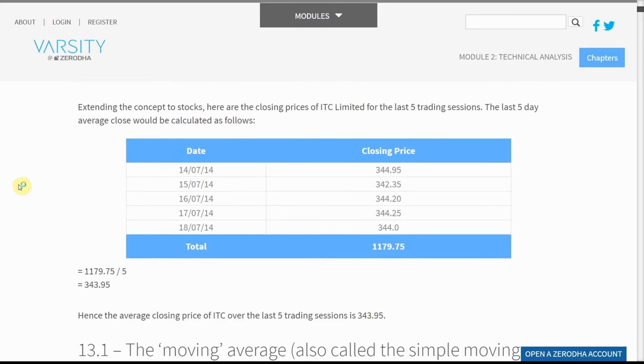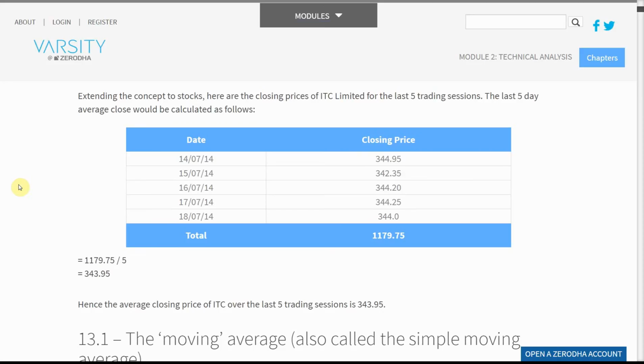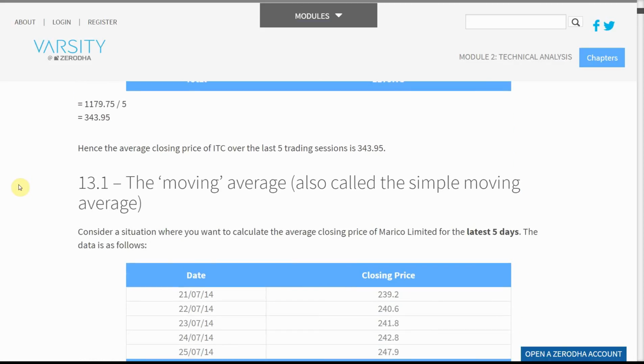Date and closing price for each of the five sessions are listed, and the total divided by 5 gives the average. Hence, the average closing price of ITC over the last 5 trading sessions is 343.95.